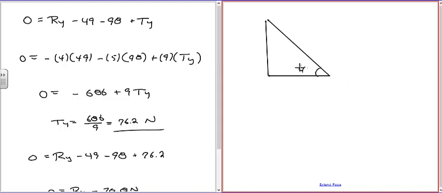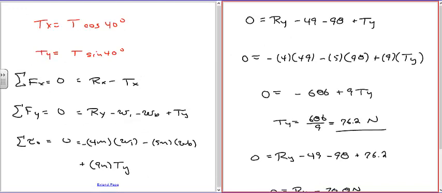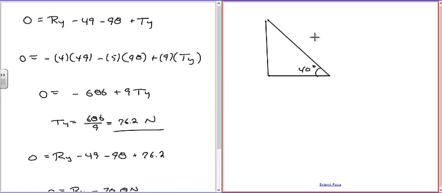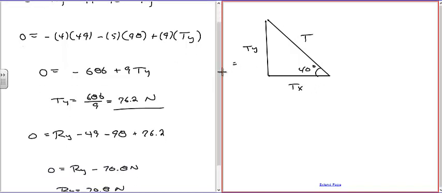You got 40 degrees. Reminds me, did I put 40 degrees in here somewhere? I don't need to know that yet. Okay, I haven't used that yet, have I? So this is t. This is t sub y. This is t sub x. So what I know from my sum of the torques is that t sub y was 76.2 newtons.